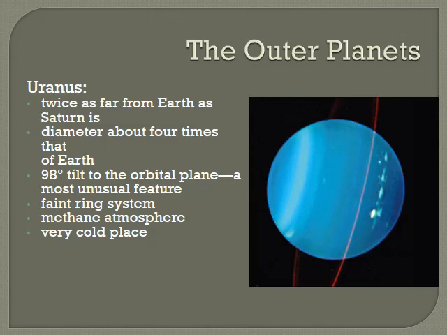As we've hopefully seen, the Earth spins on an axis as it goes around the sun on a plane, and it's not straight up and down. It's not perpendicular to its orbital plane, but it's tilted about 23 degrees. For Uranus, it's 98 degrees tilted to the orbital plane. So its axis of spin is essentially parallel to the plane that it is orbiting the sun on.